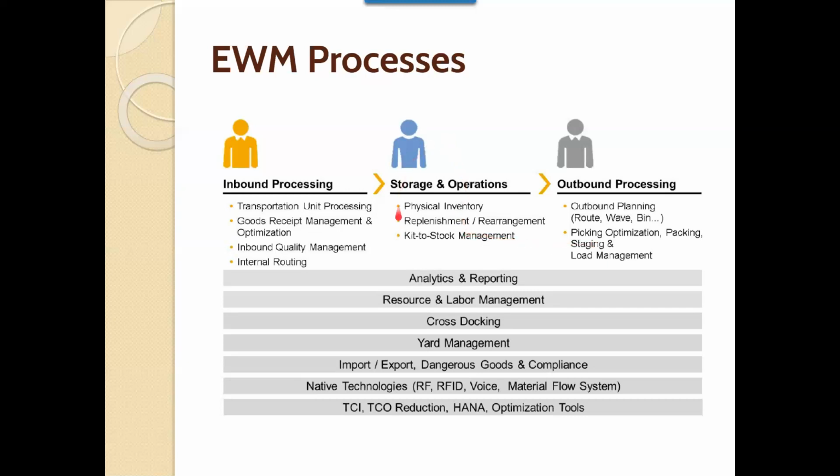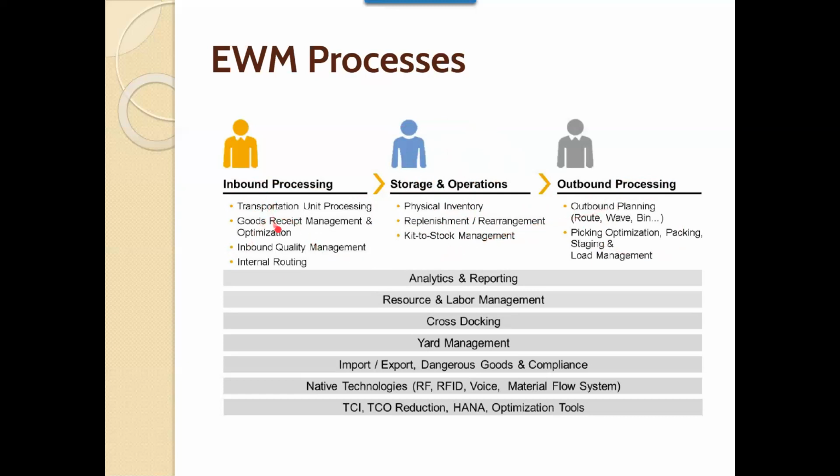And internally, if you do activities like physical inventory, replenishment, and kit to stock, whatever you do internally, these are all storage and operations. So by flow, you can say inbound processing, and then you do internal operations, and then you send out the material in the outbound process.